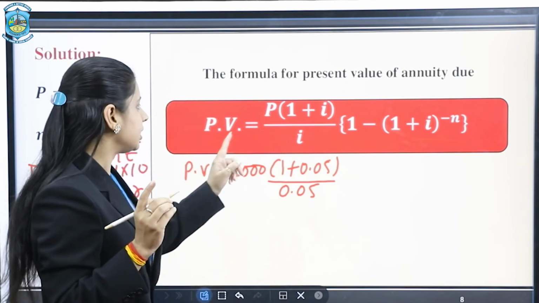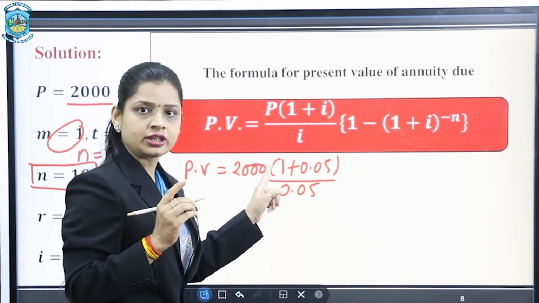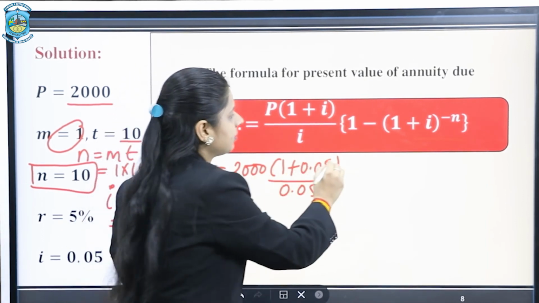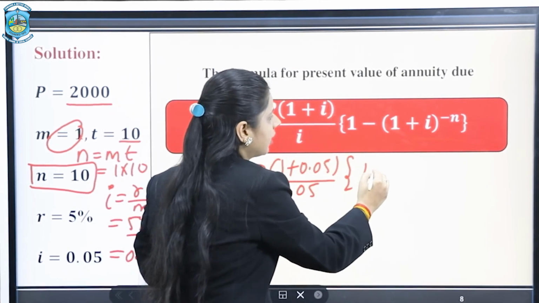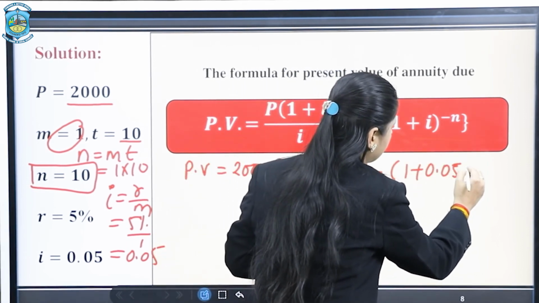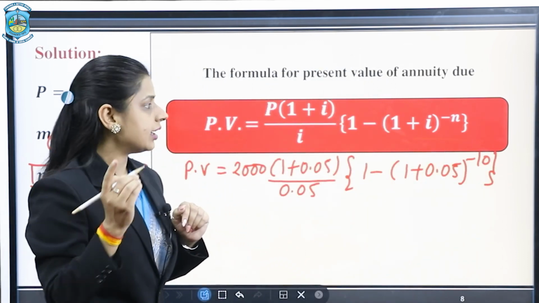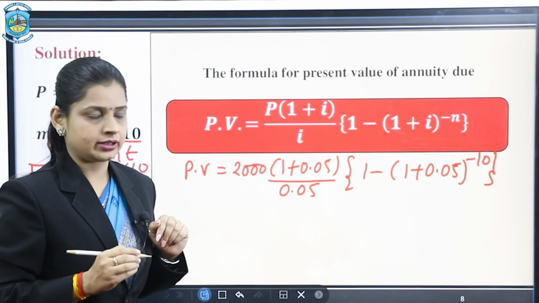We substituted the value of P as 2000 and I as 0.05. And then we multiply it with 1 minus 1 plus 0.05 to the power minus 10, where N equal to 10.